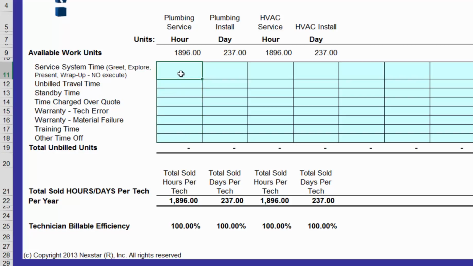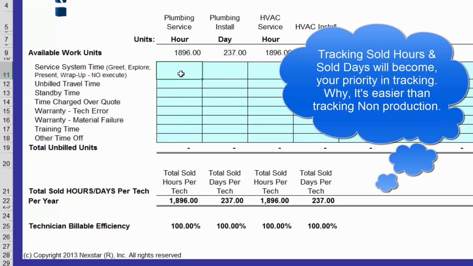So the first one is service system time, where we greet, we explore, we present, we wrap, and there's no execute in this piece because that's our production side of it. But in the greet, the explore, the present, the wrap, that's all unproductive. So you have to identify, okay, how much time do I have unproductive? Right?